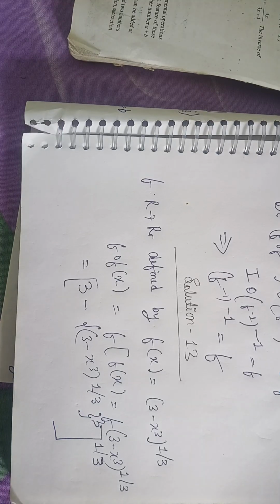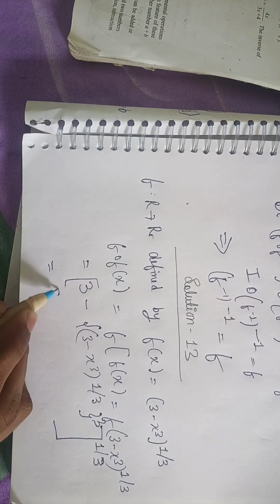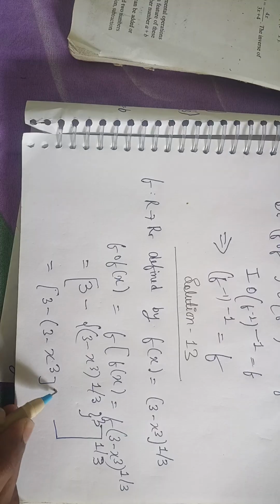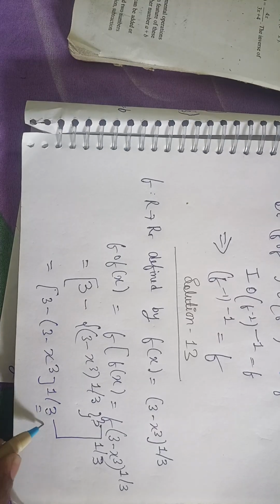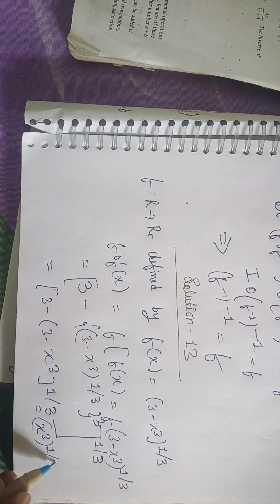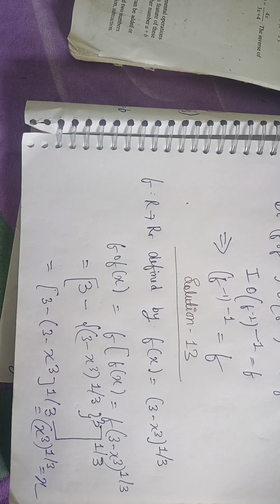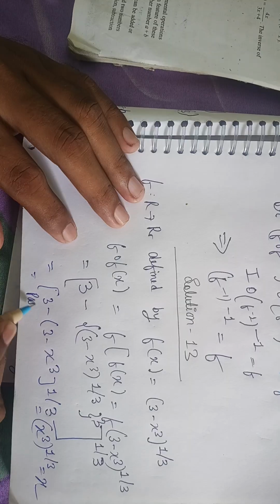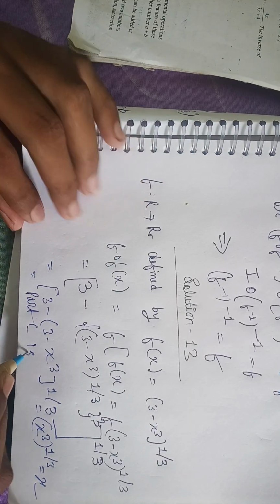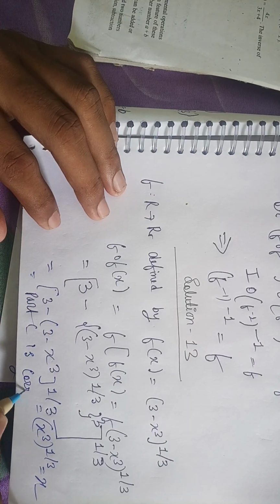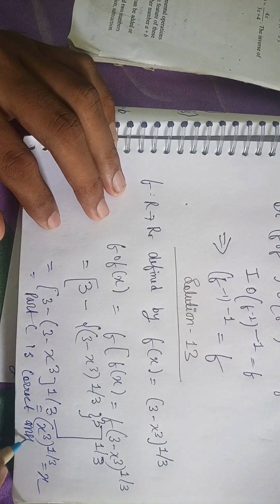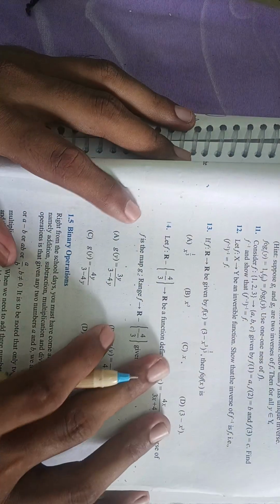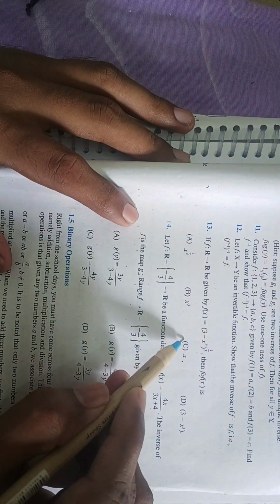After solving we get (3 - (3 - x cube)) whole power 1 upon 3, which is x cube to the power 1 upon 3, which is equal to x. Hence part C is our correct answer.